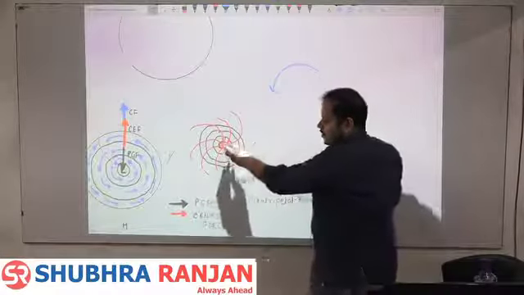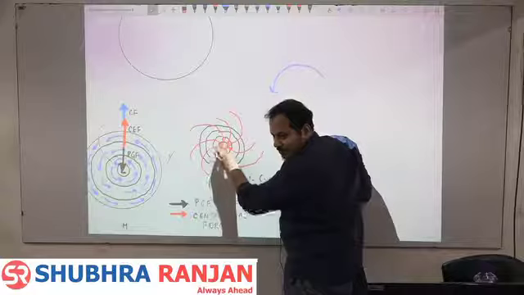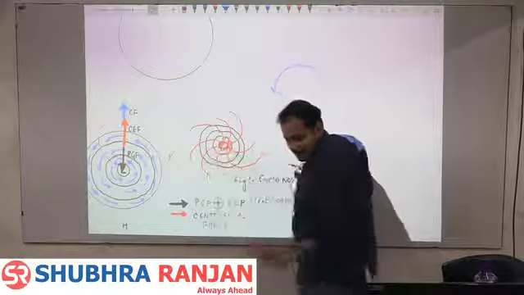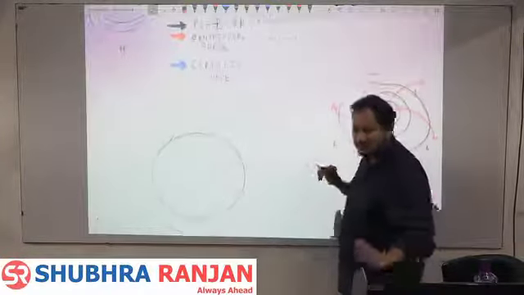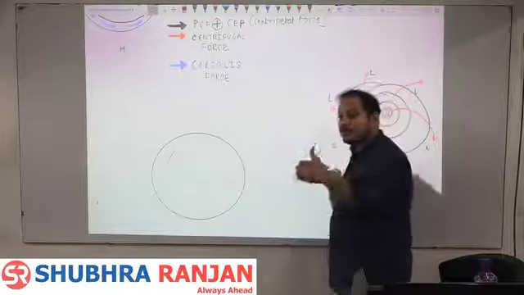Here PGF is stronger, Coriolis force is not the dominant force. Here PGF is very less, therefore the Coriolis effect becomes dominant.